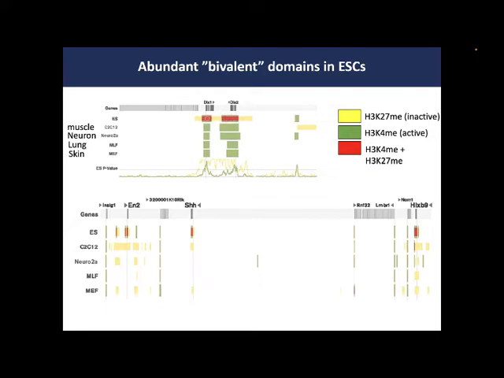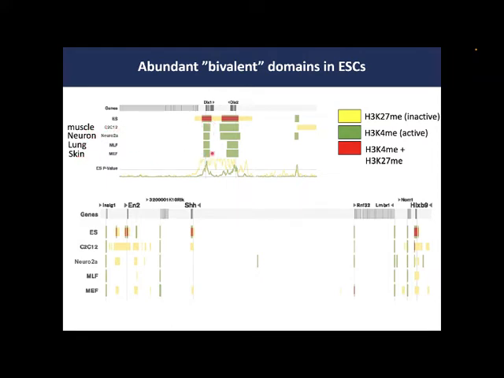And the red marked locus implies that both the inactive marker and the active marker coexist together. So we called it a bivalent domain. Both active and inactive markers coexist in this bivalent domain. And this bivalent domain is remarkably frequent in embryonic stem cells, not in other cells such as muscle cells, neuron cells, lung cells, and skin cells.